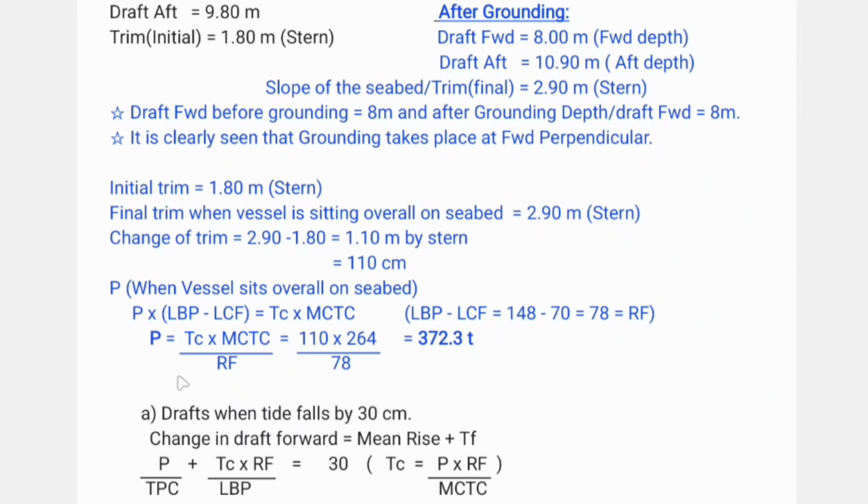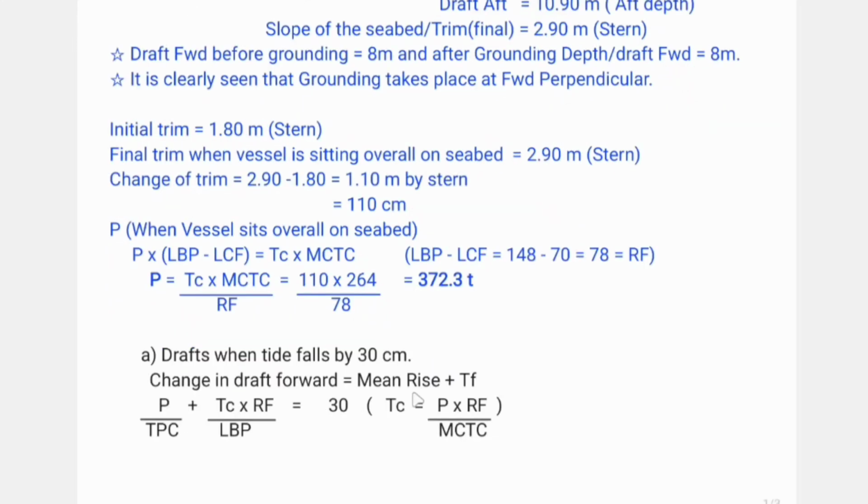Now we'll find out another P when the tide falls by 30 centimeter. That is A, when we have to find out drafts when tide falls by 30 centimeter. So engine draft forward is equal to bodily rise plus TF. Bodily rise is equal to P upon TPC, and TF is equal to TC into RF by LBP, which is equal to 30 centimeter.